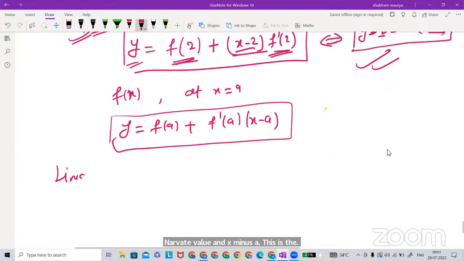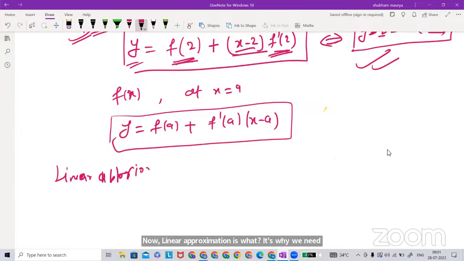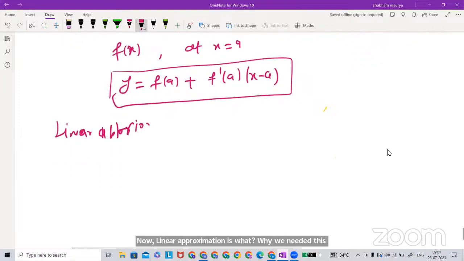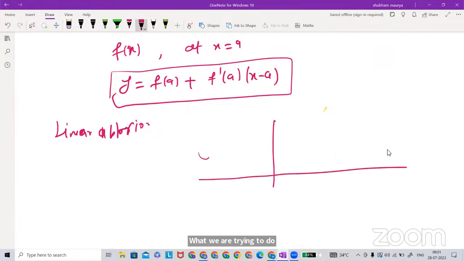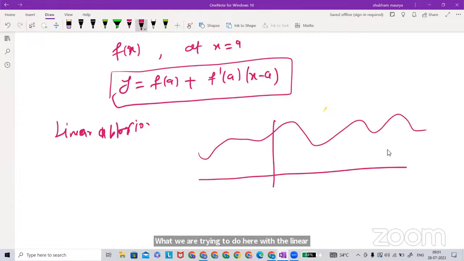Now, linear approximation. Why do we need linear approximation? There is a geometric interpretation. Suppose you have the graph of a function.